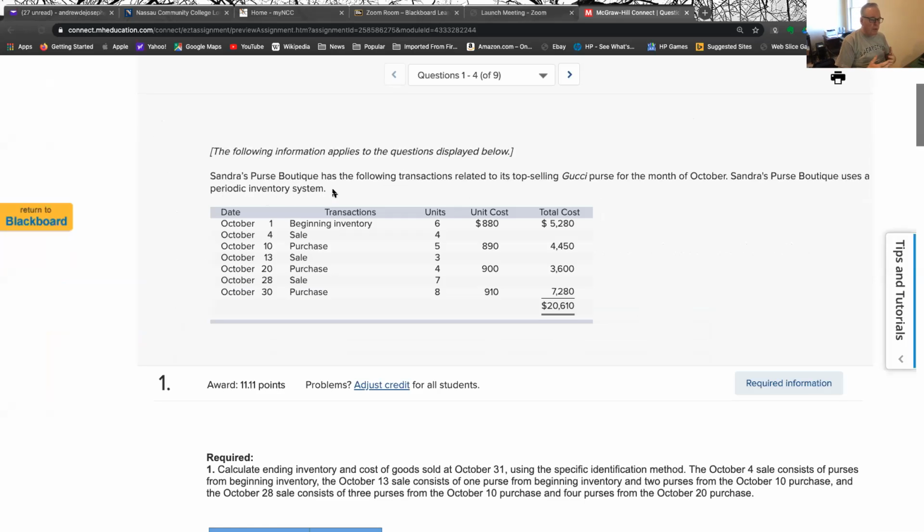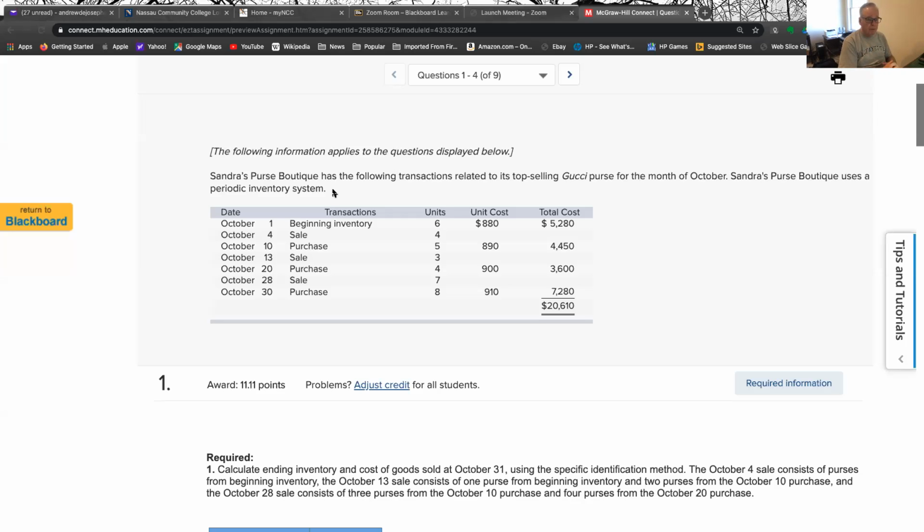Now, the last couple of weeks, we learned how to do the perpetual inventory system. The word perpetual, what does it mean? It means constant updating. At any given point in time, we know how much is in the inventory account, and we know how much has been charged to cost of goods sold. Every time there's a transaction that involves inventory, if it increases inventory, it's a debit.